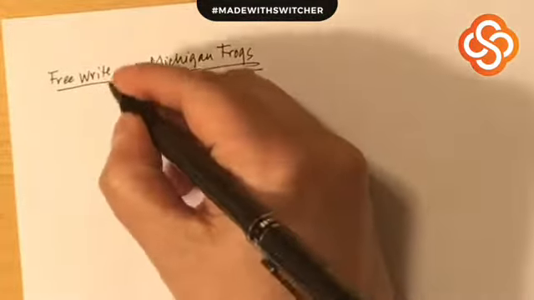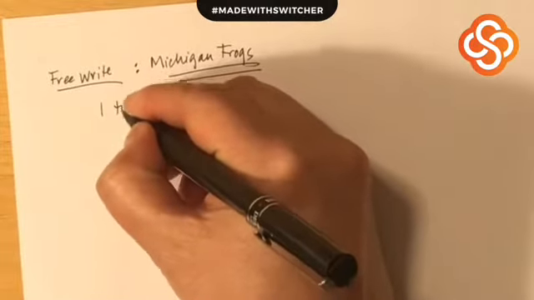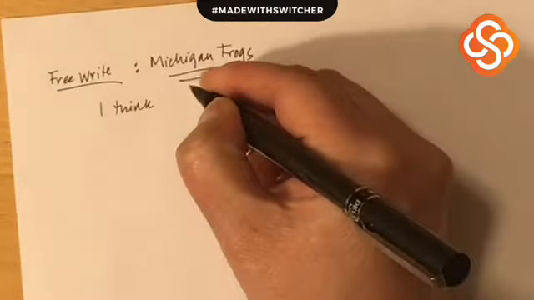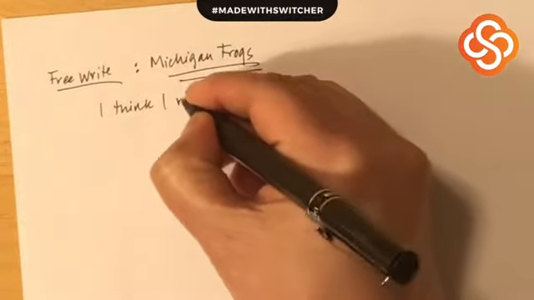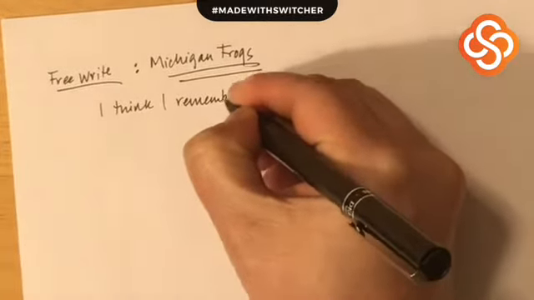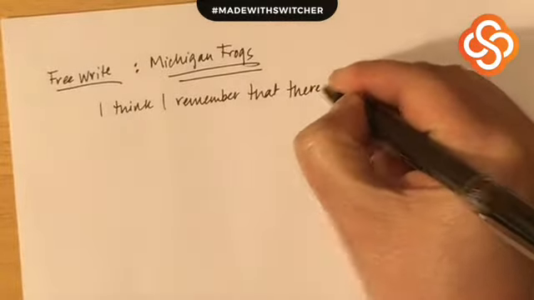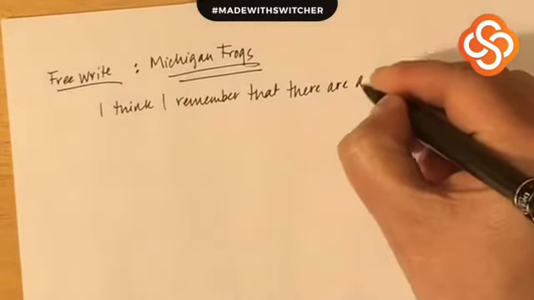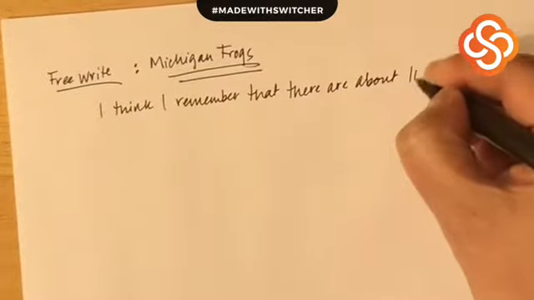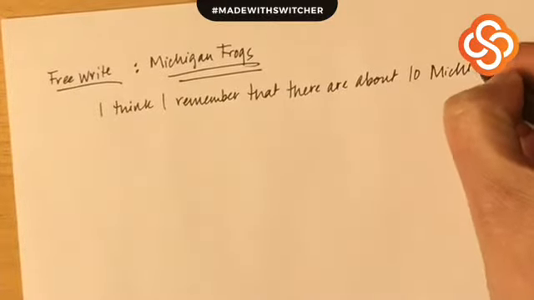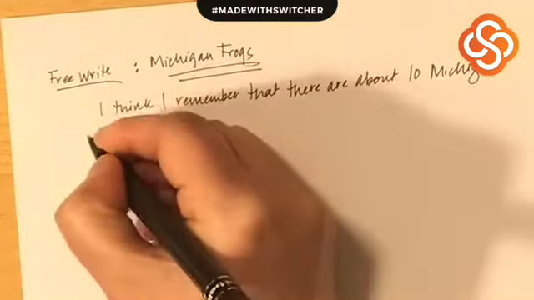So I seem to recall, so I think, I'm not sure, I've got to review my facts. So I think I remember that there are about 10 Michigan frogs. Maybe there are more, but I seem to recall 10.